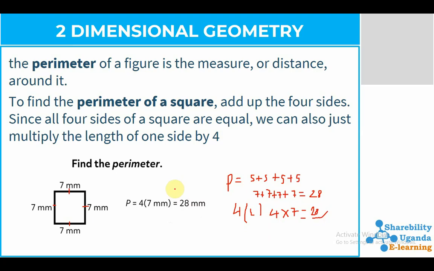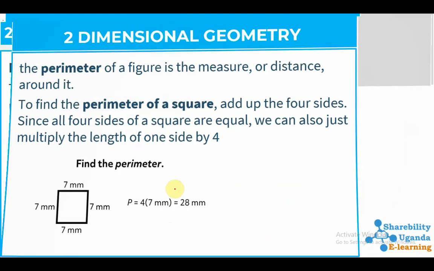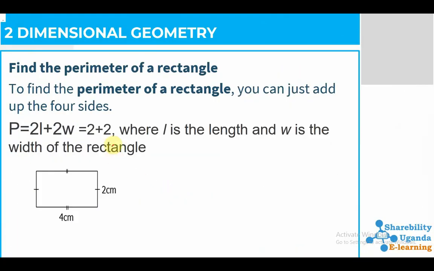Let's look at how we can get the perimeter of another shape, which is a rectangle. To find the perimeter of a rectangle, you can just add up the 4 sides.